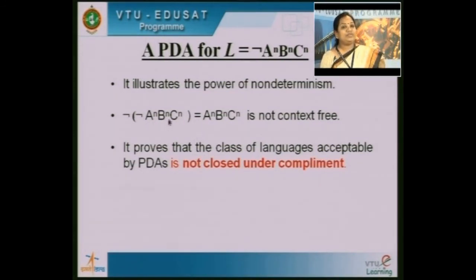The complement of a^n b^n c^n is context free. But if I take the complement of this language, I will get a^n b^n c^n. And just now we have seen that for this language, we can write neither a context free grammar nor a pushdown automaton. Hence, this language is not context free and the PDA is not closed under complement.